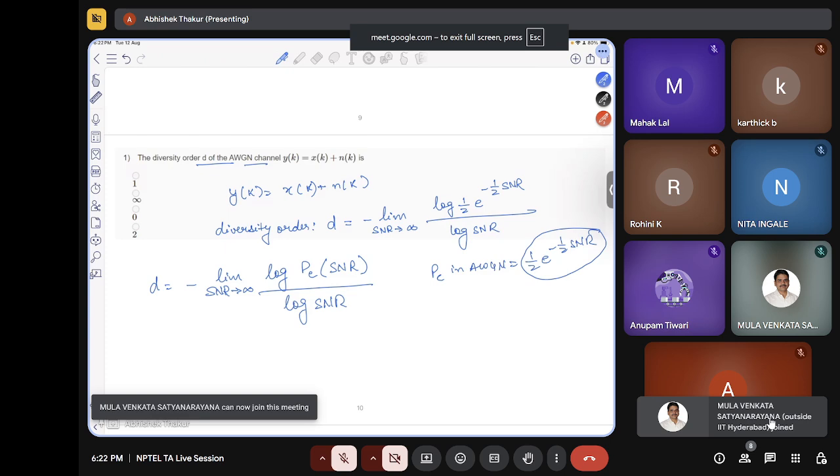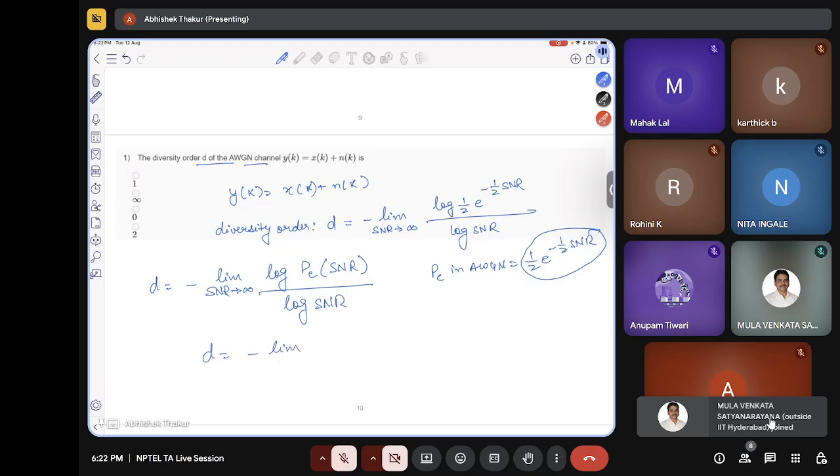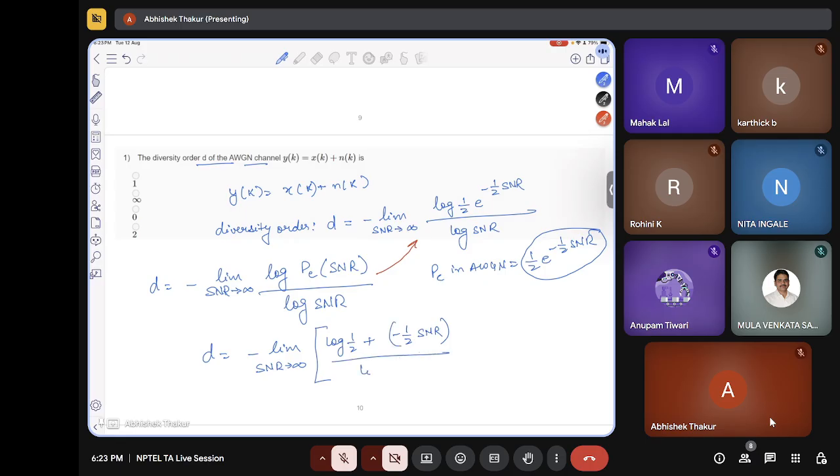So now our D will become minus limit SNR tends to infinite. From here this came, and it will become log of half plus minus half of SNR, divided by log of SNR.